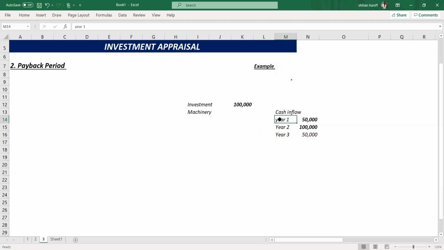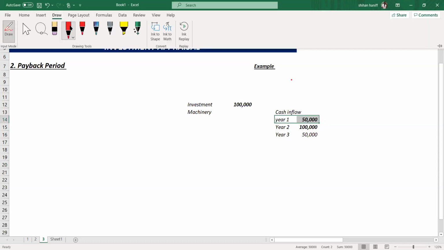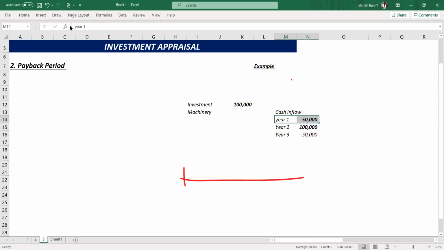Now in year 1, we are getting 50. So to recover your investment, how much do you need? You need only 50.